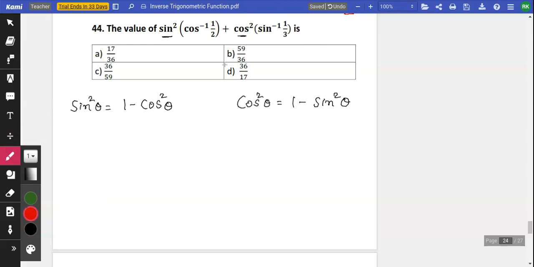Because inside the sine here is cos, that's why we convert sine in terms of cos, and sine is also here, so we convert cos in terms of sine. So sine square of cos inverse 1 upon 2 is equal to 1 minus cos square of cos inverse 1 upon 2.